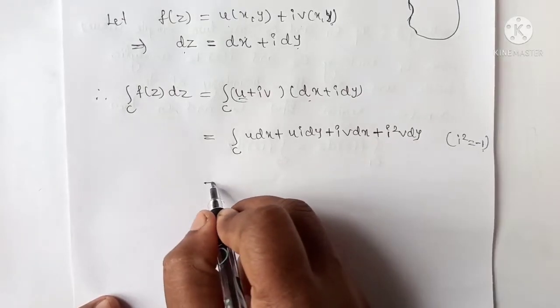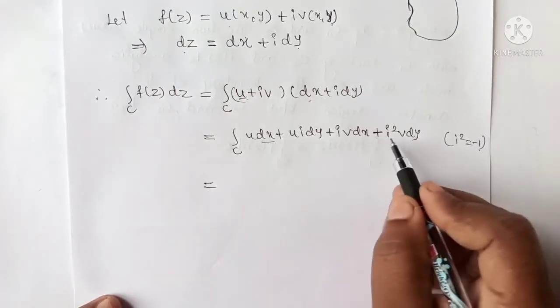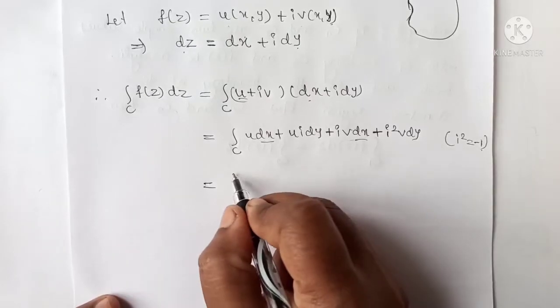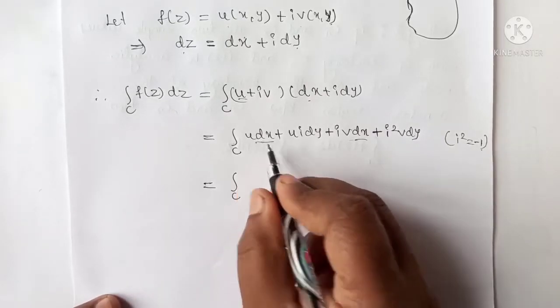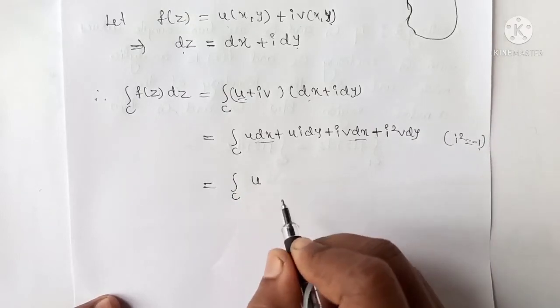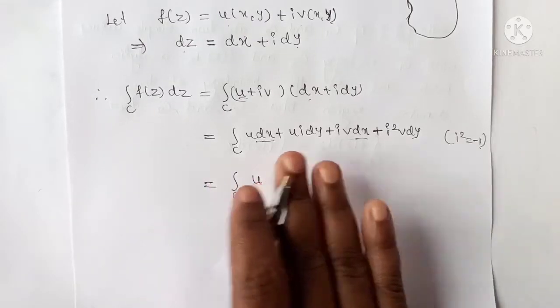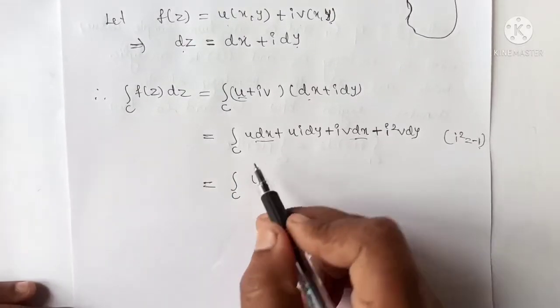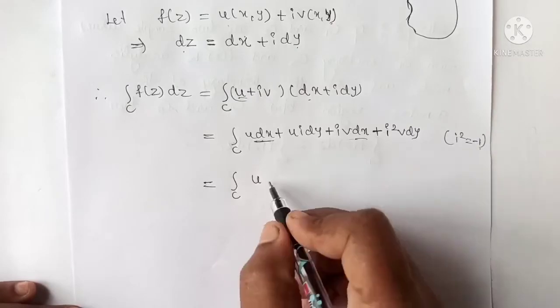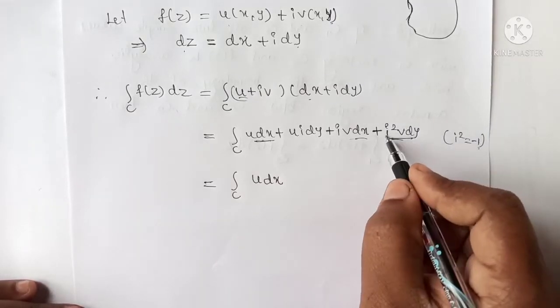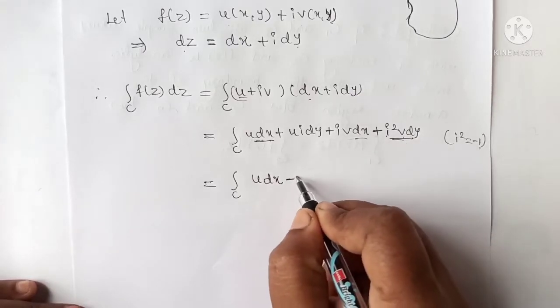Now we group real and imaginary parts separately. This is the real part, u dx, and this again becomes real because i squared is minus 1; substituting, we get minus v dy.